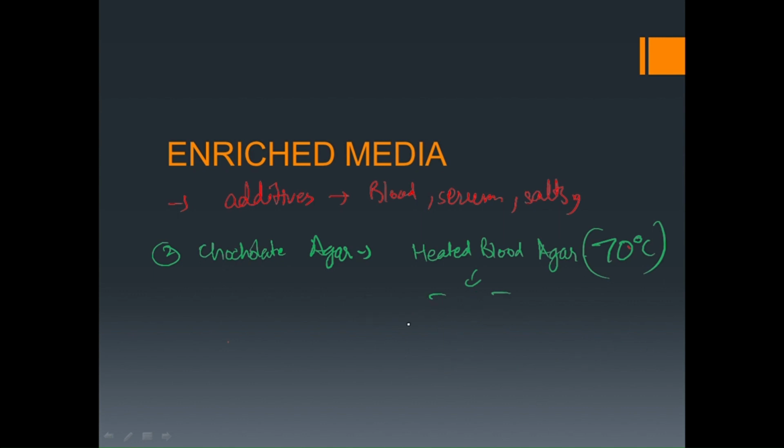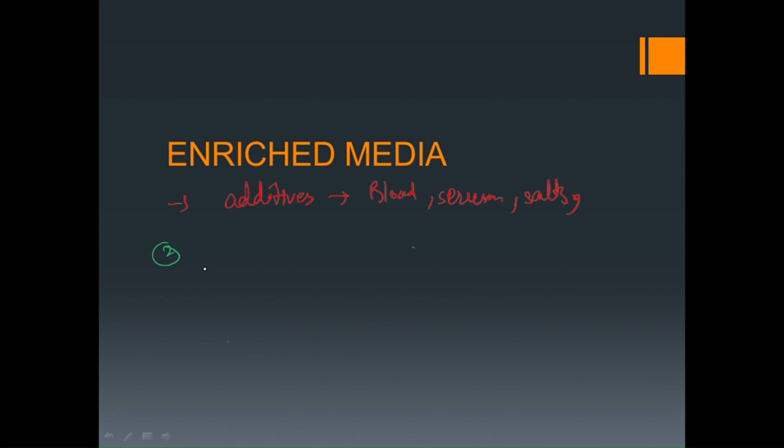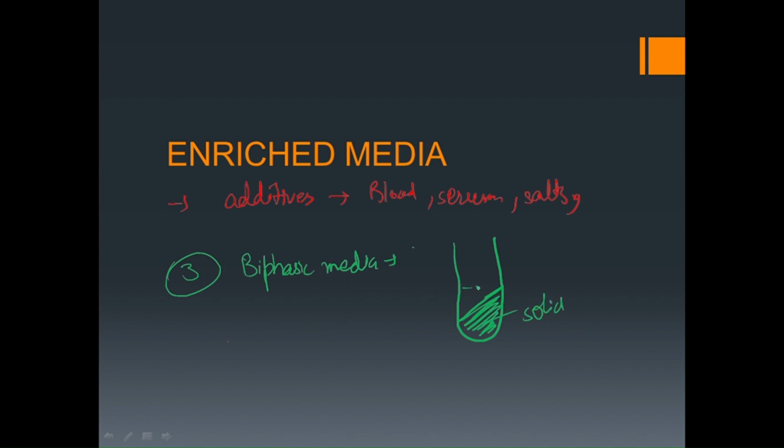After the chocolate agar, I'm going to talk about the third one, which is biphasic media. This is a special media which is mainly grown in test tubes, in which one part is solid and the other part is liquid.